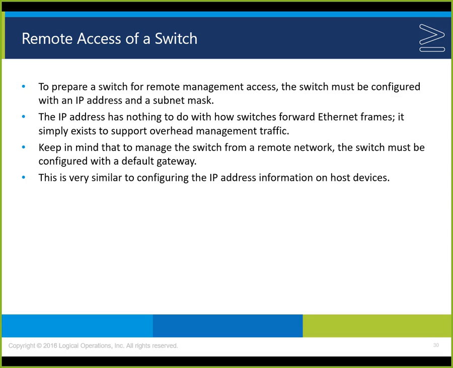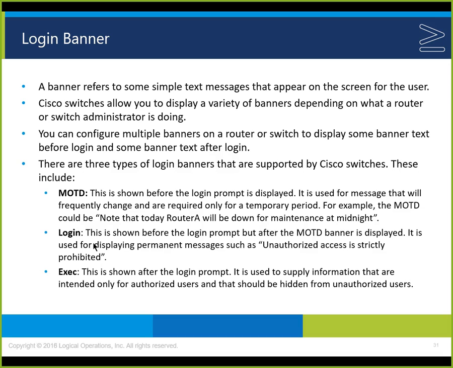It has nothing to do with how the switch forwards Ethernet frames. The only reason a switch needs an IP address is to be able to be managed remotely, to Telnet or SSH to it. If we're just going to use console ports for everything, you don't really need an IP address on it. The switch must have a default gateway if it goes outside of the network. I mean, it's just like an IP address for anything else.